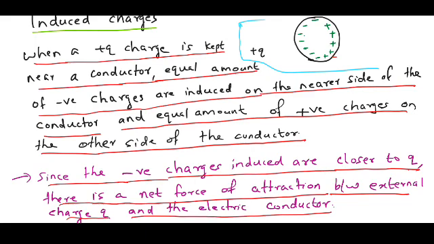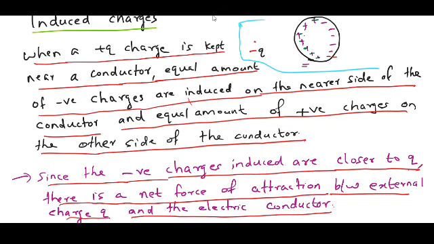Then if somebody asks what will happen if a plus Q charge or a minus Q charge is placed near a neutral conductor, what will happen if the external charge is negative? Here, on this side, positive charges will be induced, and on the opposite side, an equal amount of negative charges will be induced.